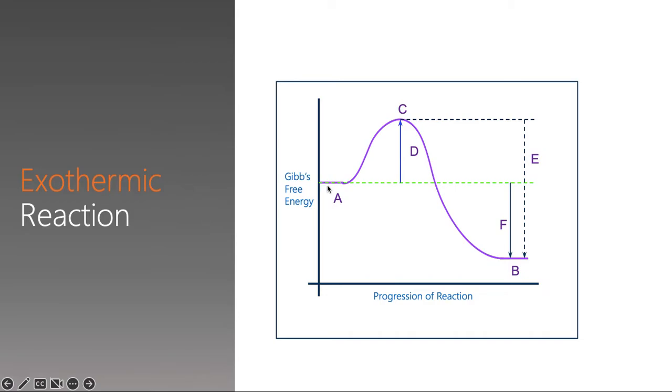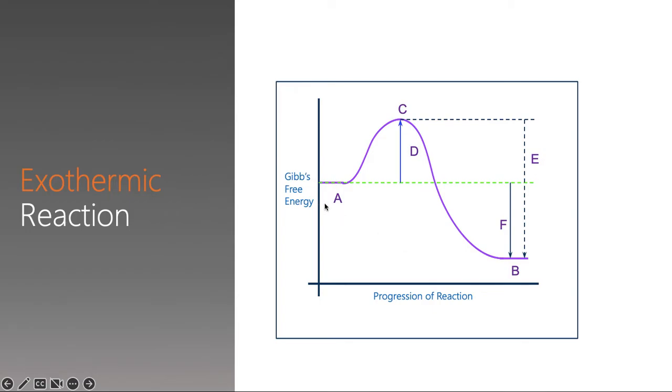Now, if the initial energy of my reactant molecules is higher, as you can see, than my product molecules, then the reaction is going to proceed in the forward direction. So it's going to move from reactants to products without me necessarily having to add more energy to it.